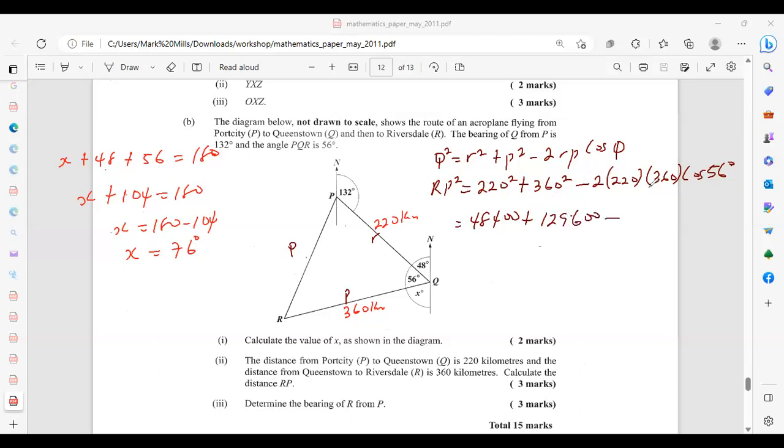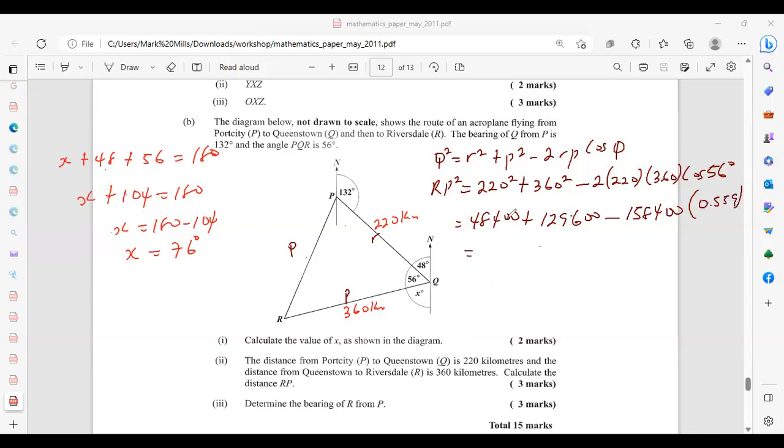Now let's multiply these three: 2 times 220 times 360. What do we get? 158,400. Then give me cos 56. 0.559.